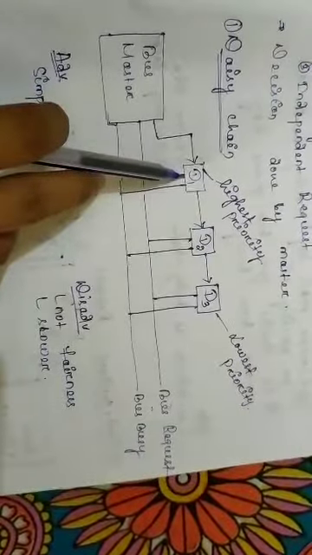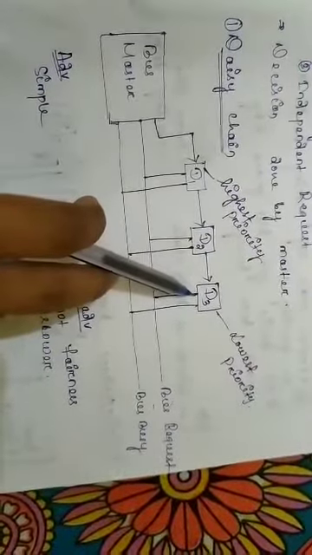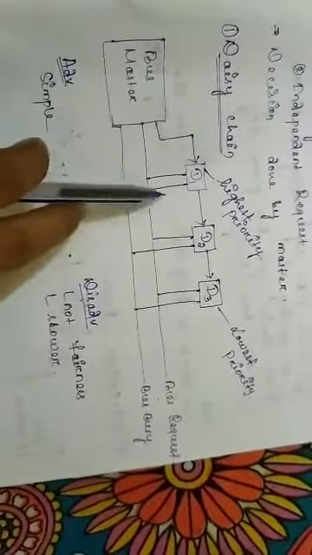Each device is connected according to its priority. Here D1 is of highest priority and D3 is of lowest priority.